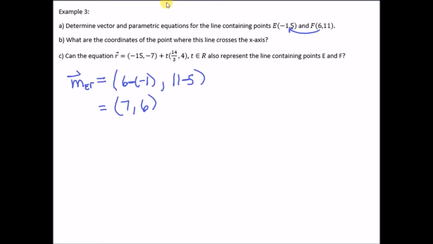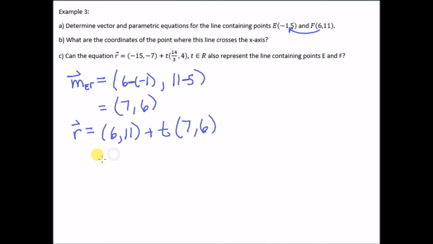So pretty much right now, for the vector equations, we have to write one of the points. It doesn't matter if you choose E or F. I personally like F because they're both positive numbers. So 6, 11, plus some parameter t, and then the direction vector.